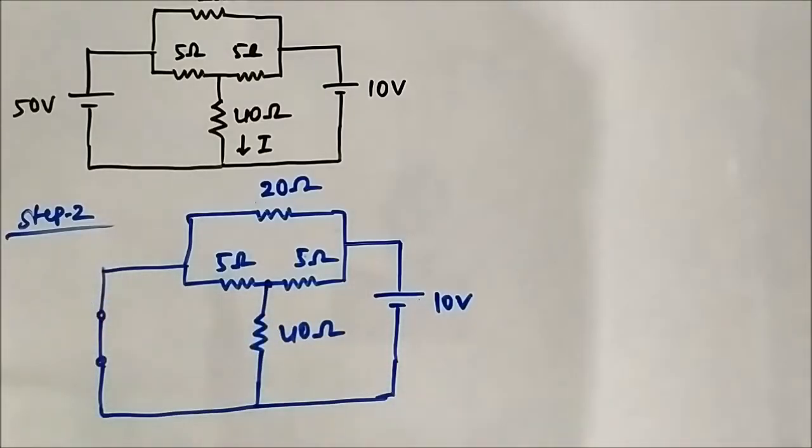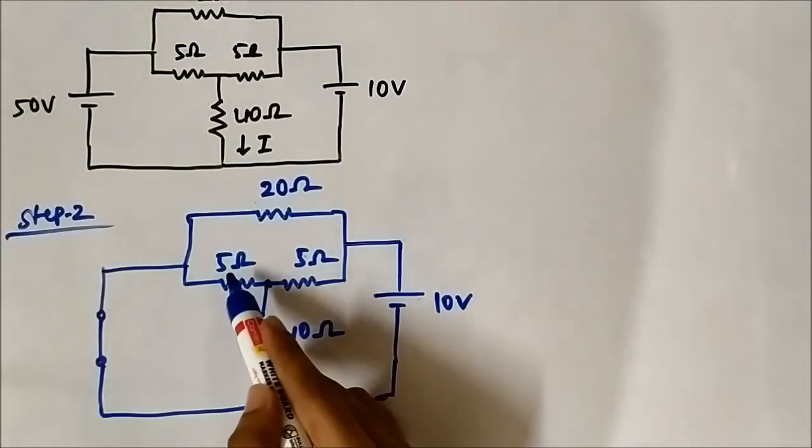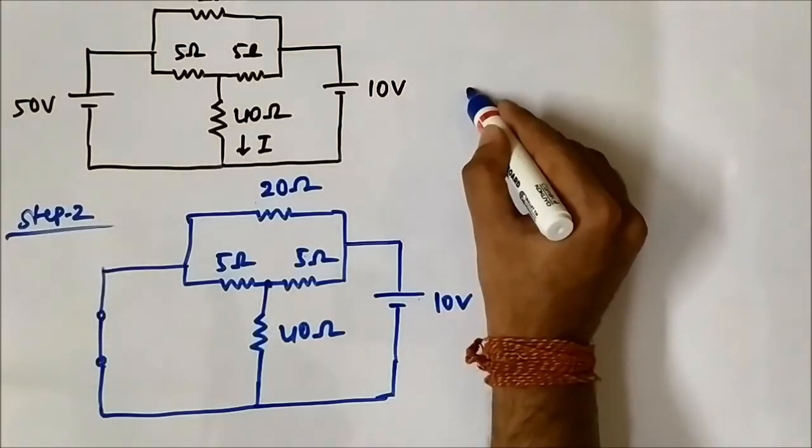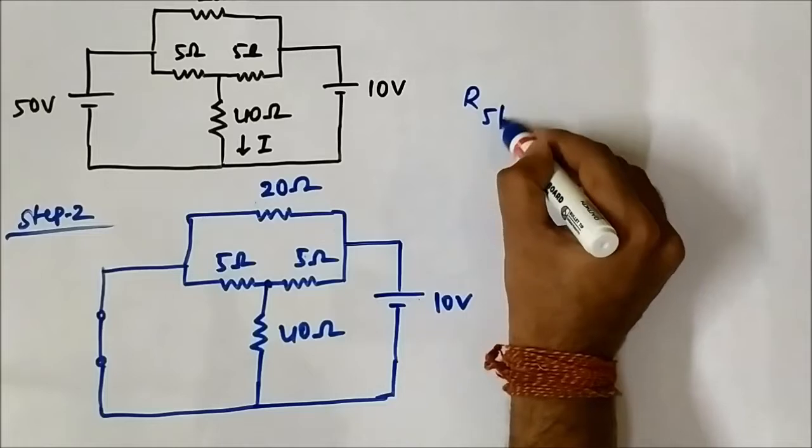These 2 points are shorted. It means 5 ohm and 40 ohm are in parallel connection. So again we have to find the equivalent resistance, 5 parallel 40.